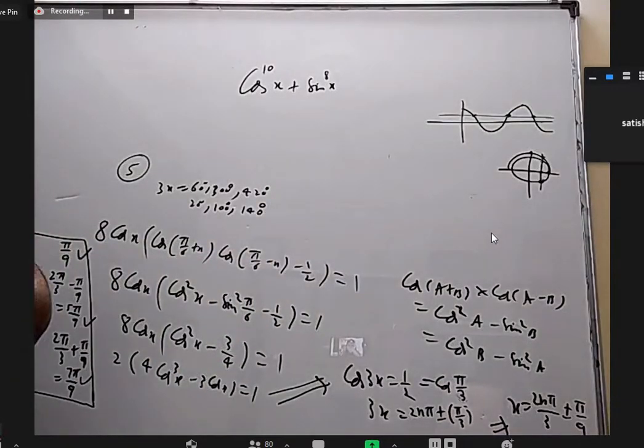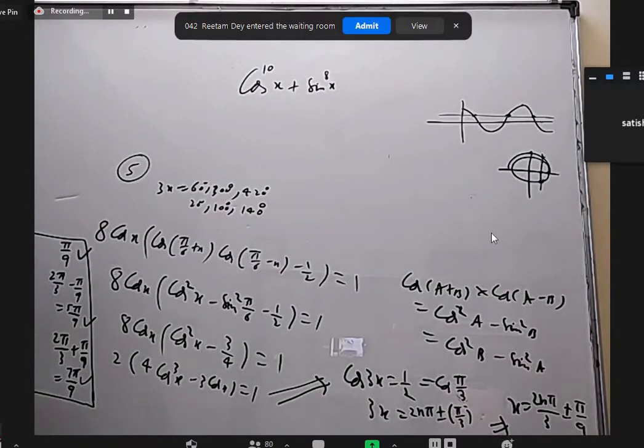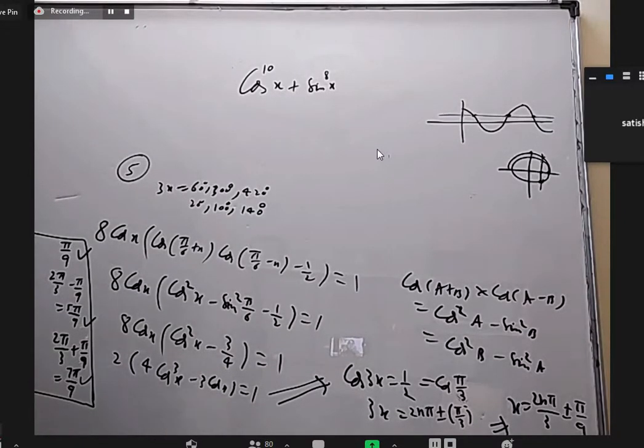What is the maximum value and how will you prove it? Okay, how to prove it?